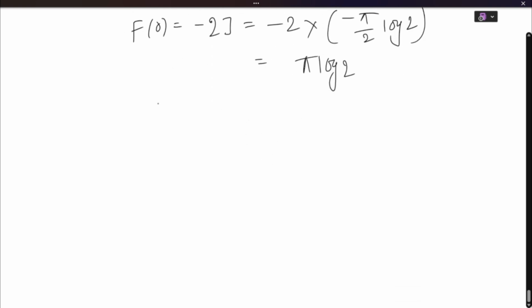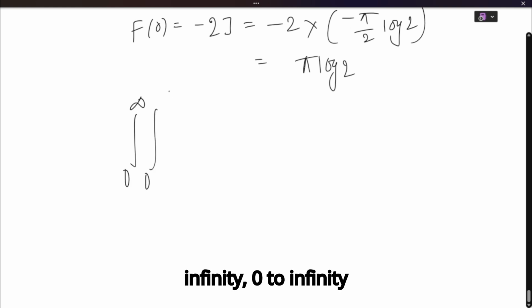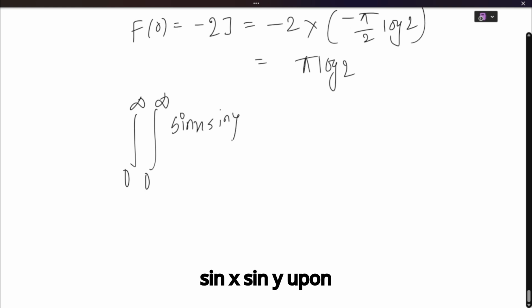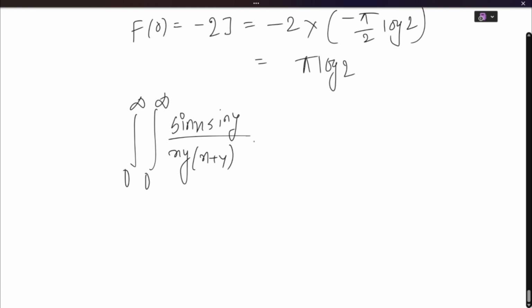Let me write it one last time here. The integral from 0 to infinity, 0 to infinity, of sin x sin y upon xy multiplied by x plus y, dx dy, equals pi by 2. And this is our final answer.